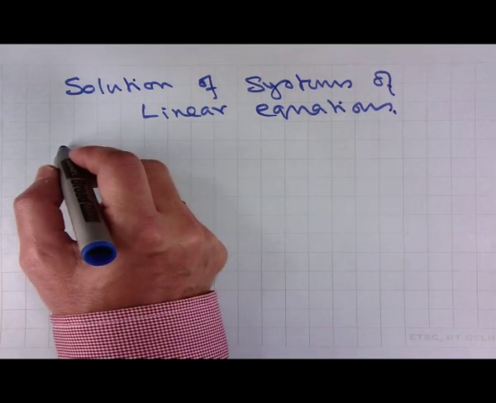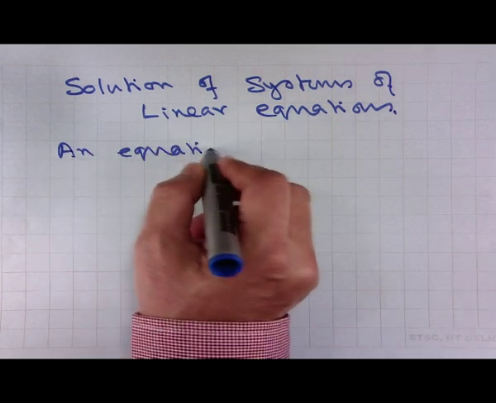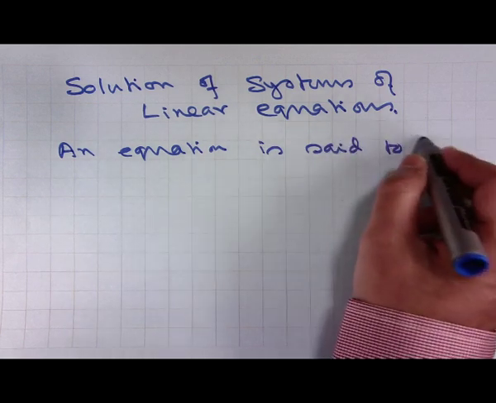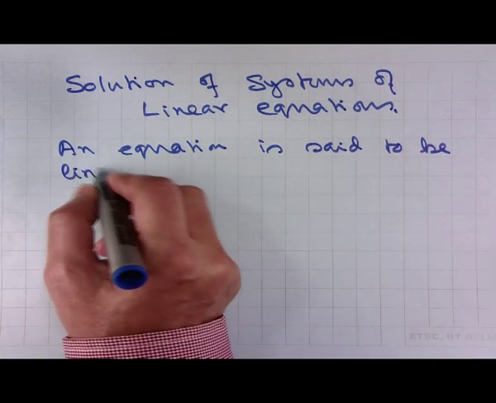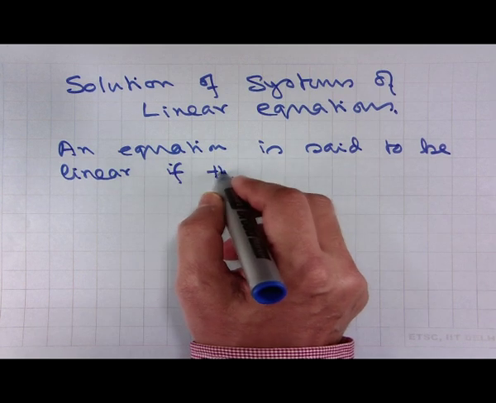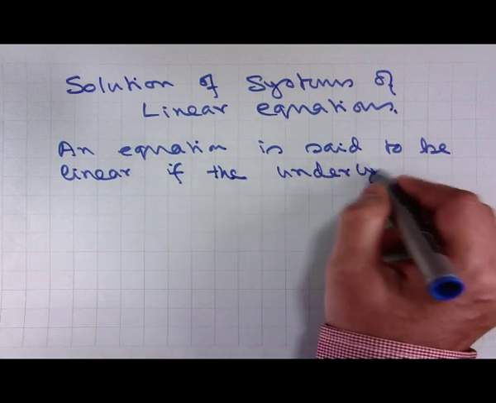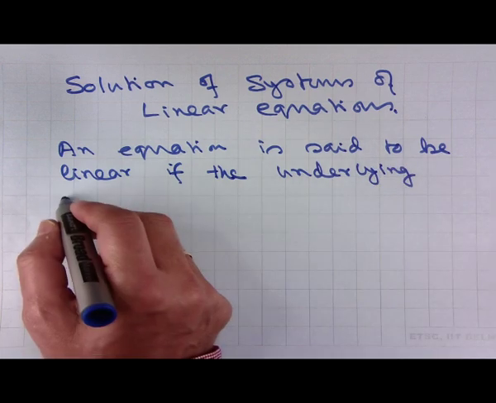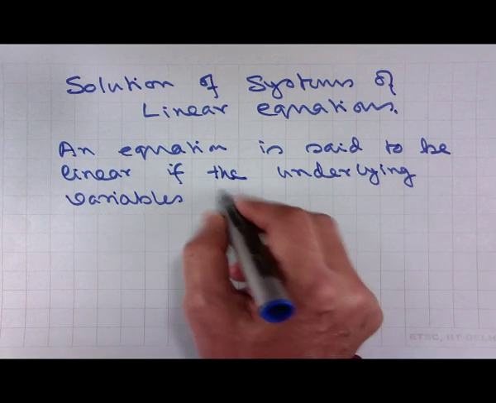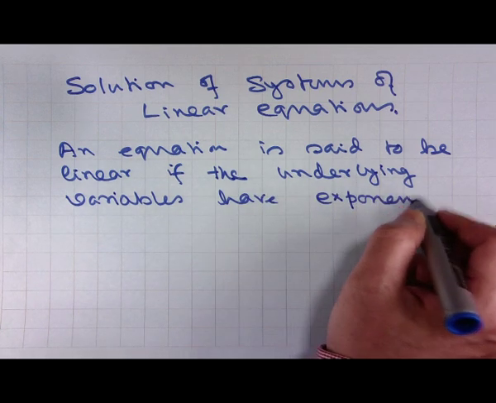You know that an equation is said to be linear if the underlying variables have exponent 1.